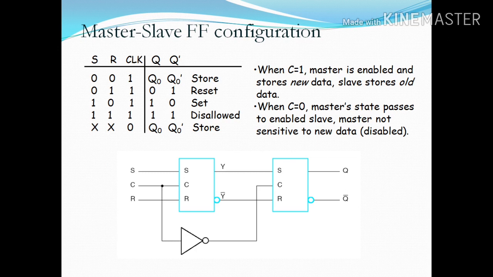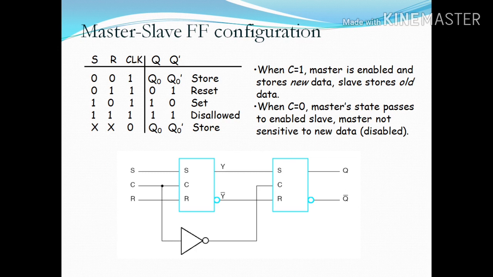The state diagram also shows you the details. When S equals 0, R equals 0, and the clock is enabled, then Q will store the value. When S is 0, R is 1, and the clock is 1, it gives you reset.